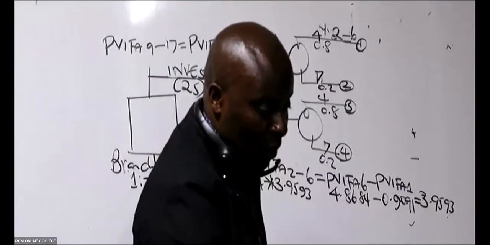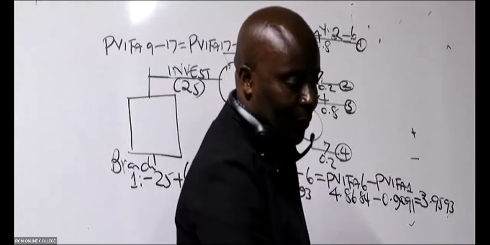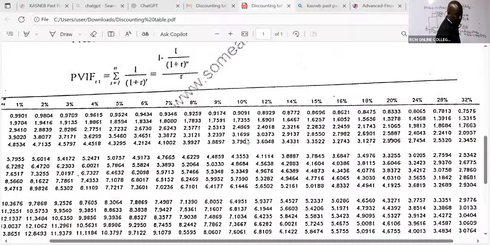Or is 6 wrong? Is it the table which is wrong, the one that I was reading? PVFA 10%. Oh, this is 7, eh? This is 5.8684. I think the figure of mine is misleading me. So for 6 years, it's supposed to be equal to what?